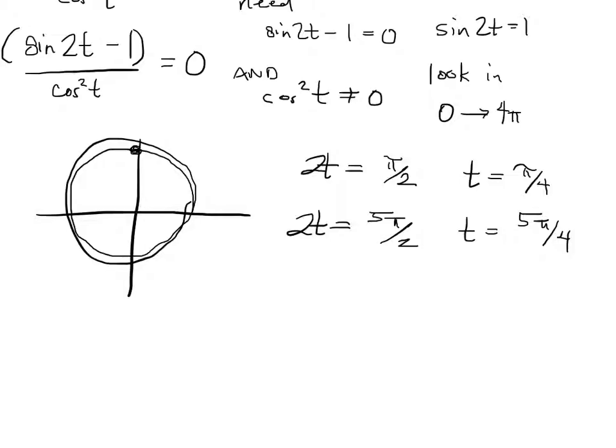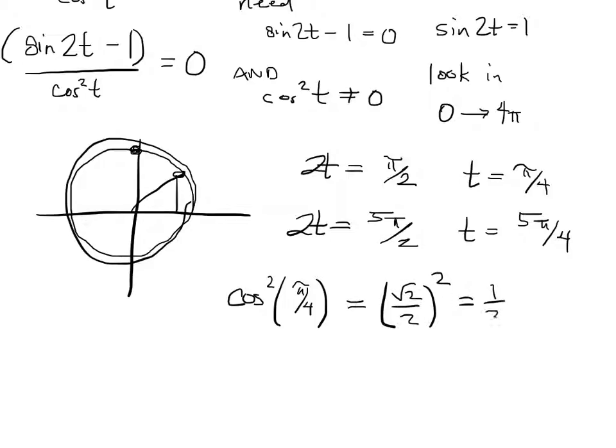And it's a simple matter to check that cosine squared of pi over 4, which would be this business right here, is actually going to be root 2 over 2 squared, which is 1/2. It's not 0, so this one's okay.